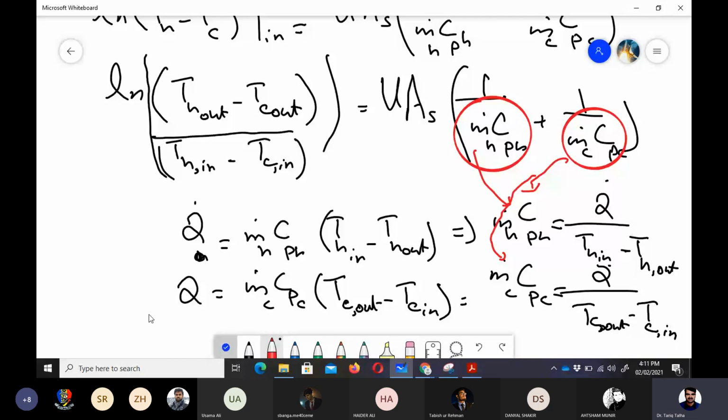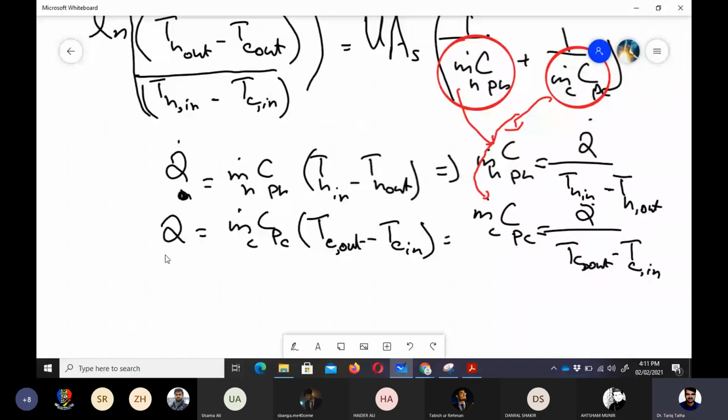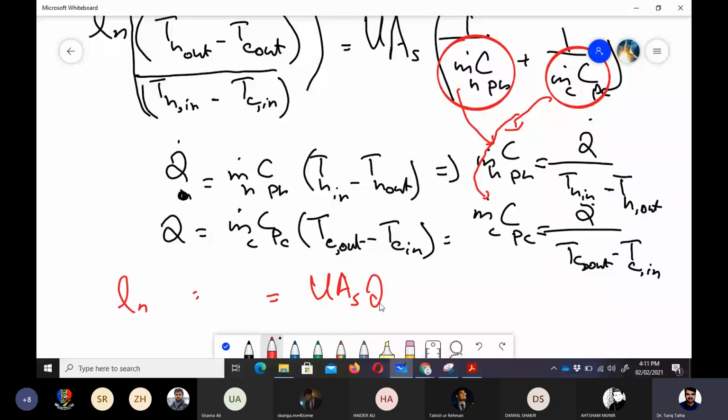If we replace them, the left hand side would be the log term as it is. So here we can write UAs into Q dot, and here it would be 1 upon (Th in minus Th out) plus 1 upon (Tc out minus Tc in).